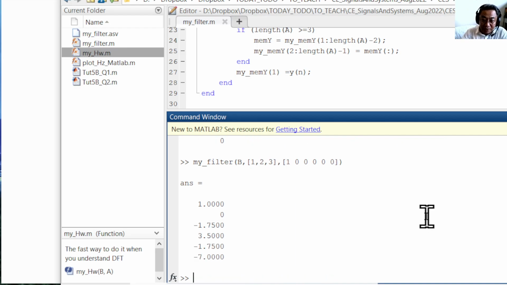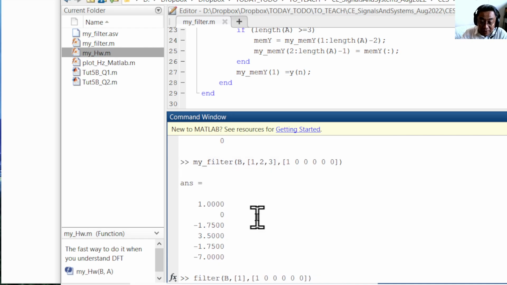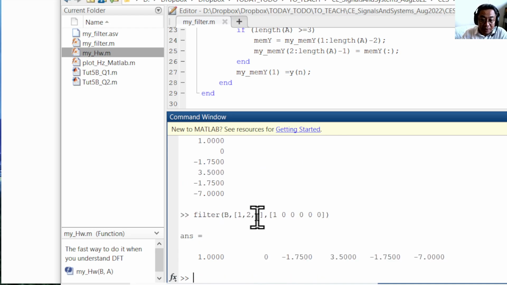And let's see, this is my answer. And what about this one? And the answer, if it is the same, 1, 0, minus 1.75, 3.5, minus 1.75, minus 7, then it shows that my filter is doing exactly what MATLAB's filter is doing.